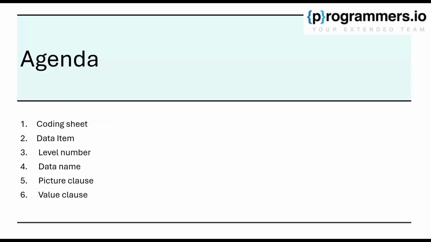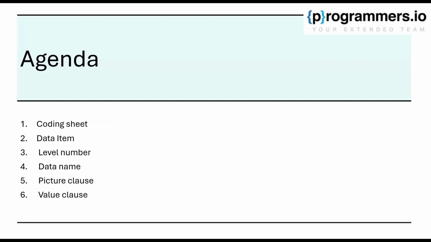In today's lecture, we will be focusing on essential aspects of COBOL programming: COBOL coding sheets and their historical significance, data items and their structure and role in COBOL programming, level numbers and how they create data hierarchies, data names and variable naming conventions and best practices, how they are properly managed, the picture clause and the value clause for defining and initializing data, and naming conventions and best practices for variables and constants.